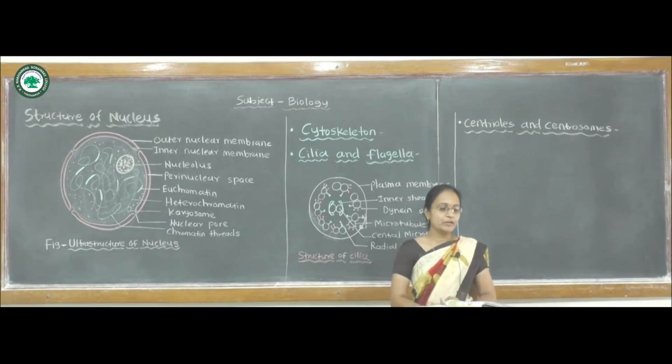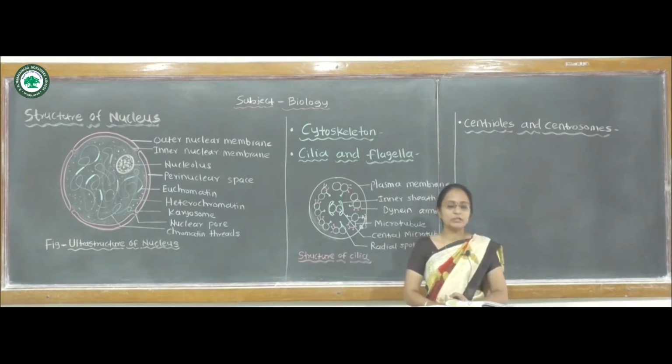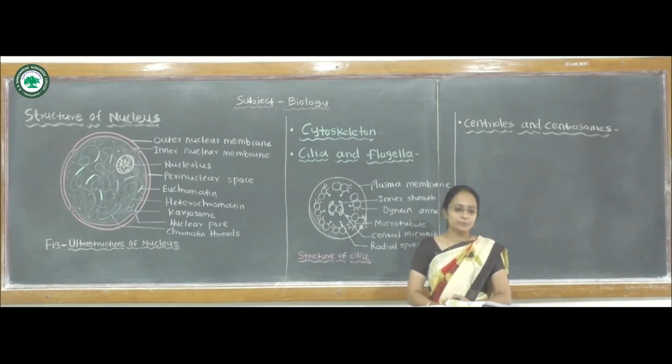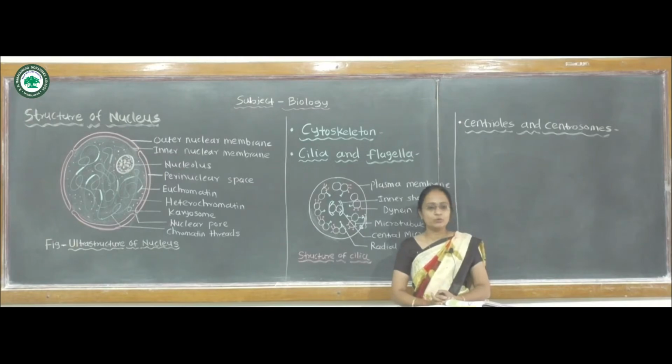They are perpendicular to each other and surrounded by an amorphous substance called the pericentriolar material. Each cylinder of the centriole is made up of 9 sets of triplet microtubules, made up of tubulin. Evenly spaced triplets are connected to each other by non-tubulin proteins.